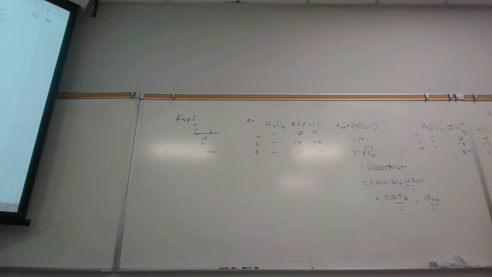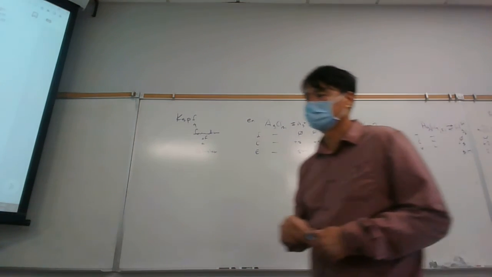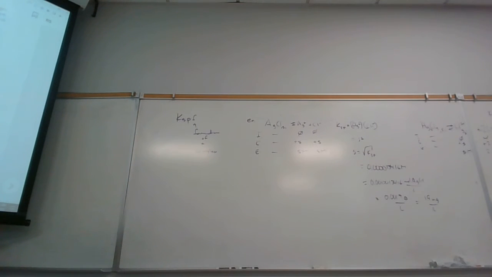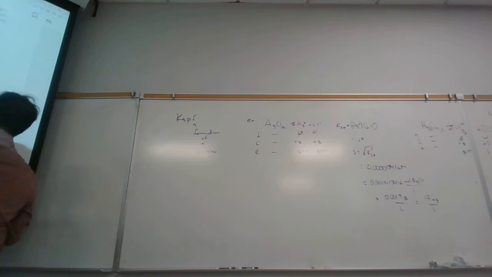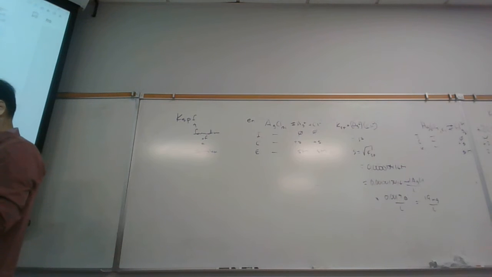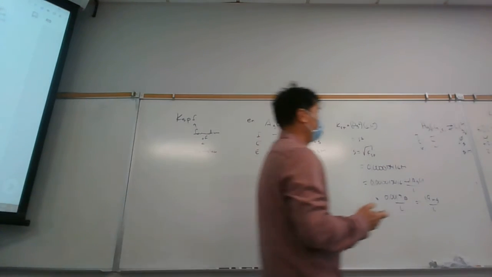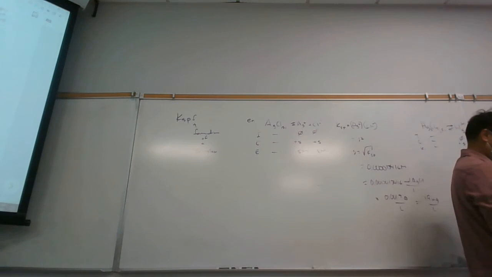And so S is going to equal Ksp divided by 4, and then we'll take the cube root of that. So Ksp is 1.3 times 10 to the minus 18, divided by 4. And then the cube root.